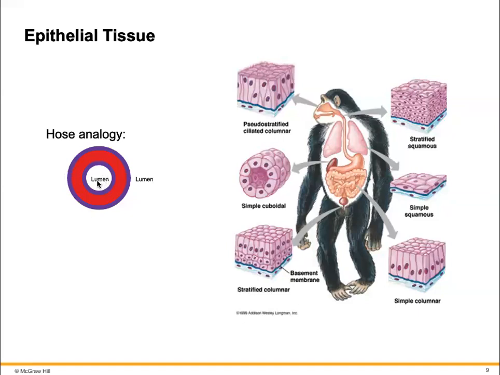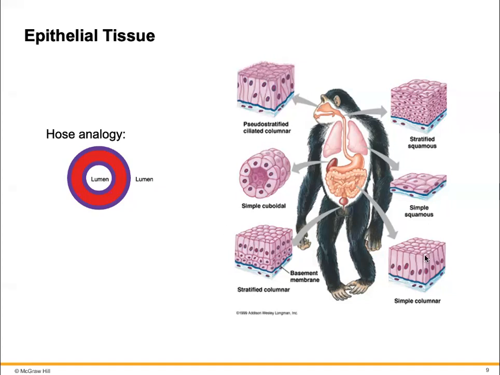So anywhere lining the direct lumen would be the apex, and all the cells that are tightly packed together are connected to what we refer to as a basement membrane. And that basement membrane in all of these pictures is indicated by the blue on the sides of it. And that blue basement membrane is the anchor point. And we also refer to that as the basal surface.